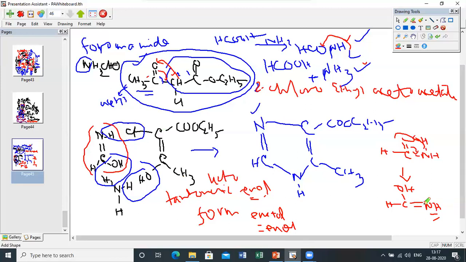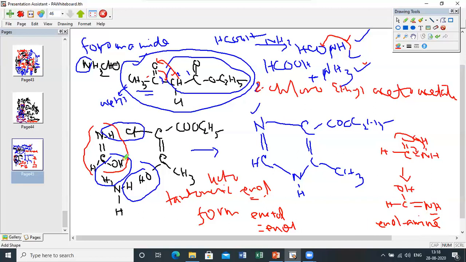So this is not ketoenol tautomerism, it is enol amine tautomerism. It's the enol amine tautomeric form. So I have used the enol amine tautomeric form here.